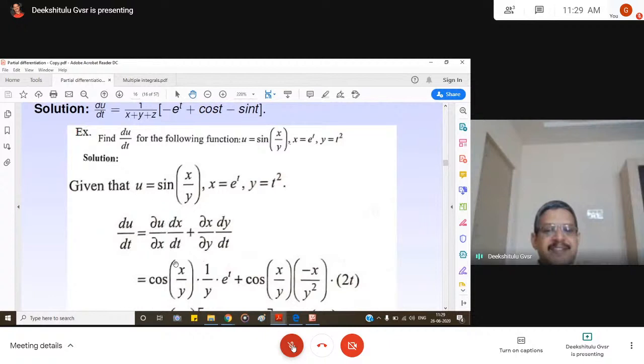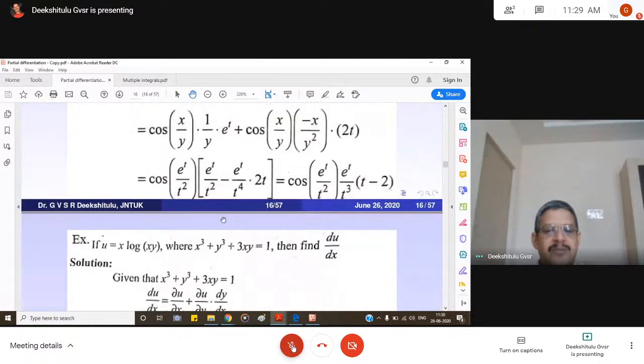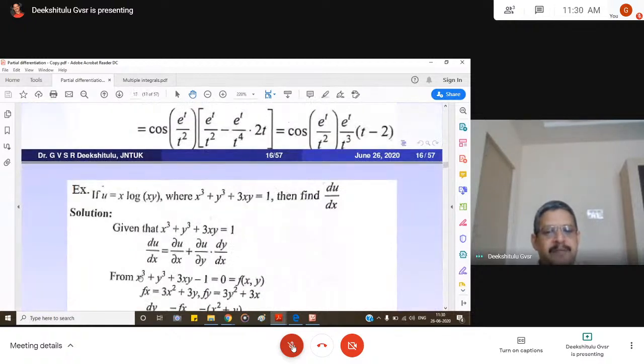Earlier it was dx by dt because x is a function of t, so you were getting du by dt. When you want du by dx, in place of t, you take x, so you get dou u by dou x into dx by dx, that is 1, plus dou u by dou y into dy by dx. So that is what I am applying here.